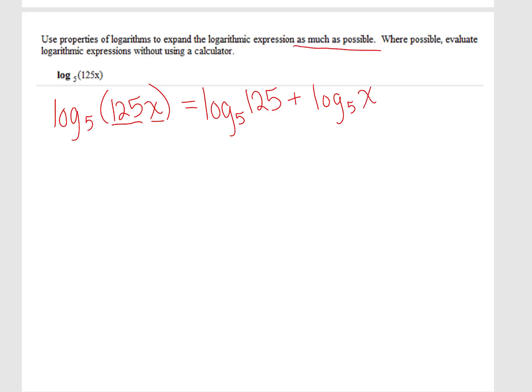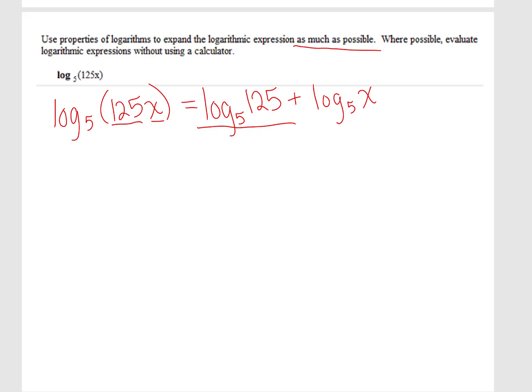So I already completely pulled it out and expanded it as much as possible, but now I need to simplify any parts. Remember with the last slides, I mentioned how sometimes if we can get it down to an integer, then that's what you're going to go for.